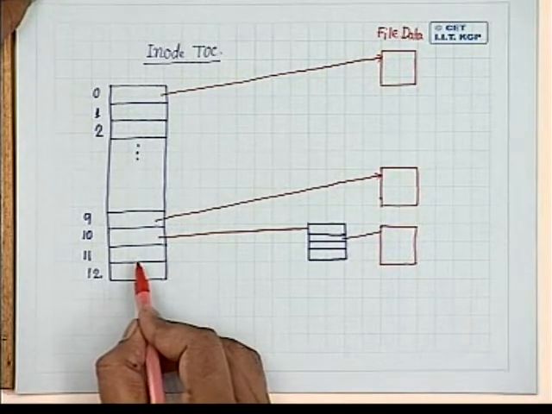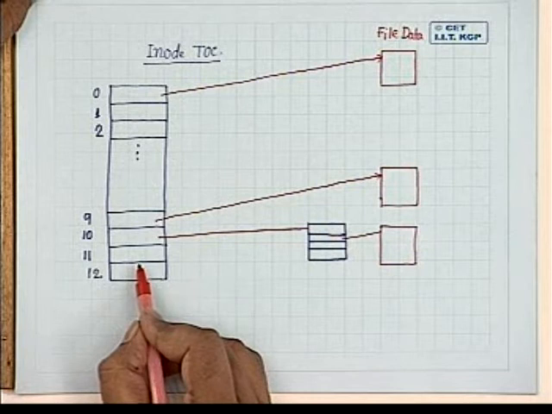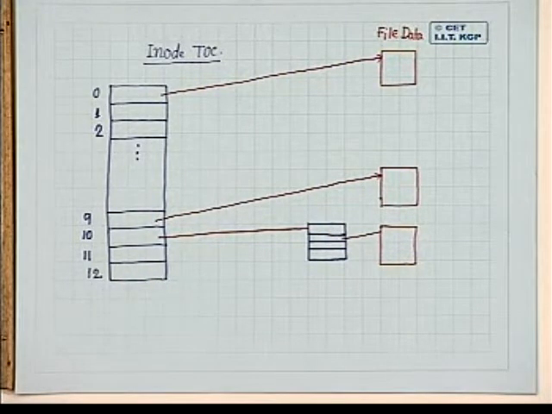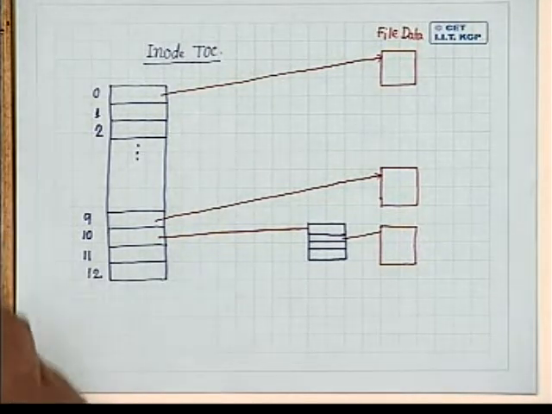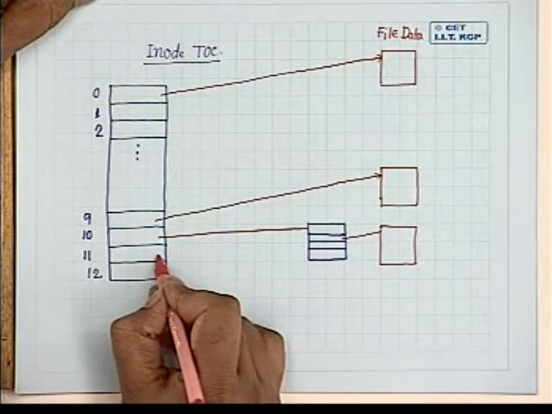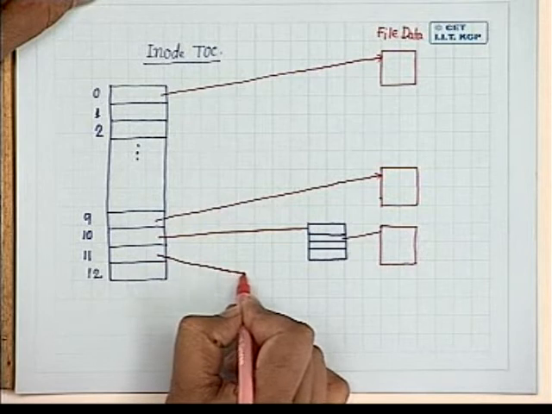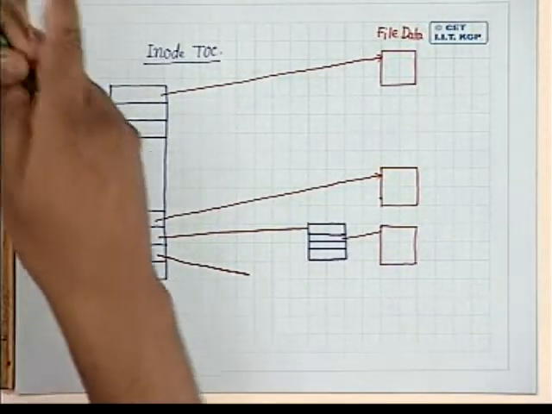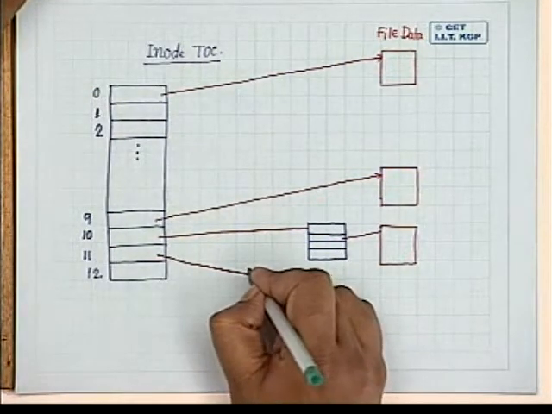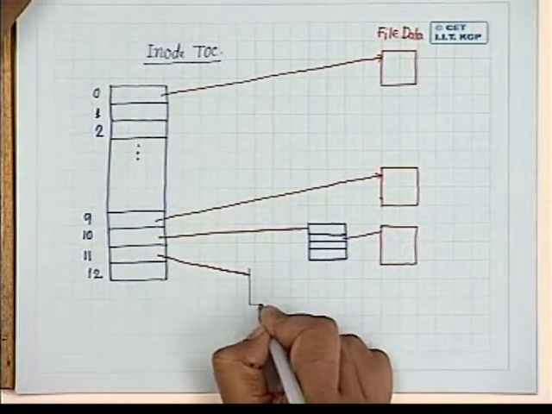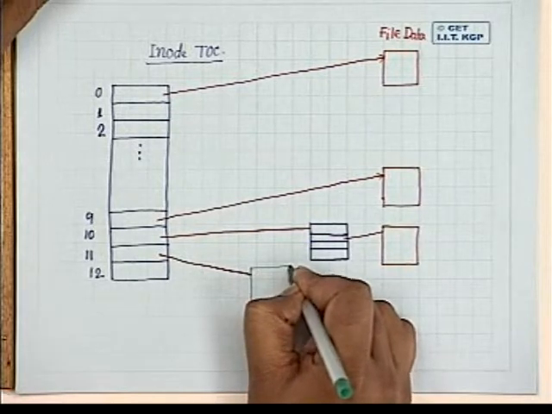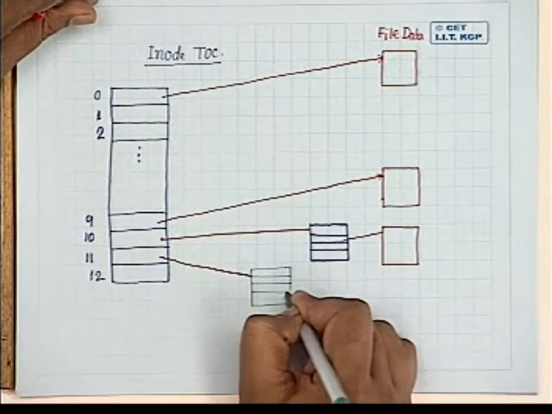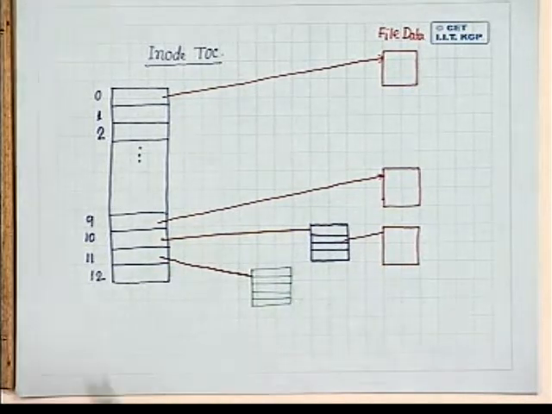Then the next entry, that is 11th entry, it is double indirect. Double indirect means that this entry contains the address of a block which contains a number of pointers. Okay.